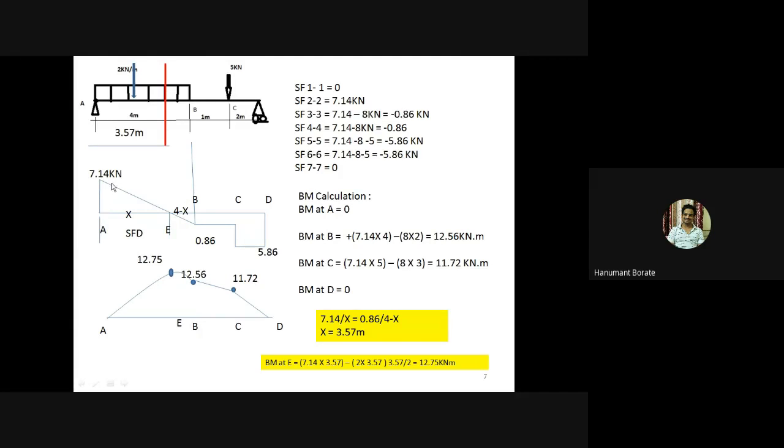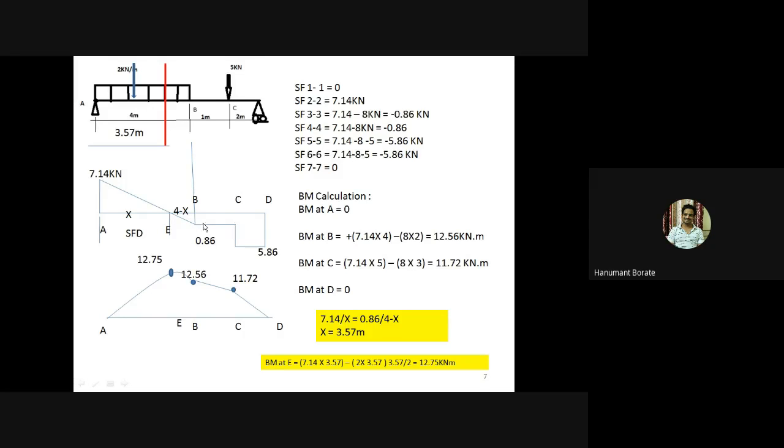Then for joining from A to B section, means between UDL points, we need to draw a straight line. Then from B to C, it will show a horizontal line. Automatically we'll get the horizontal line because just right of B we got the value minus 0.86, and just left of B also we got the value minus 0.86.